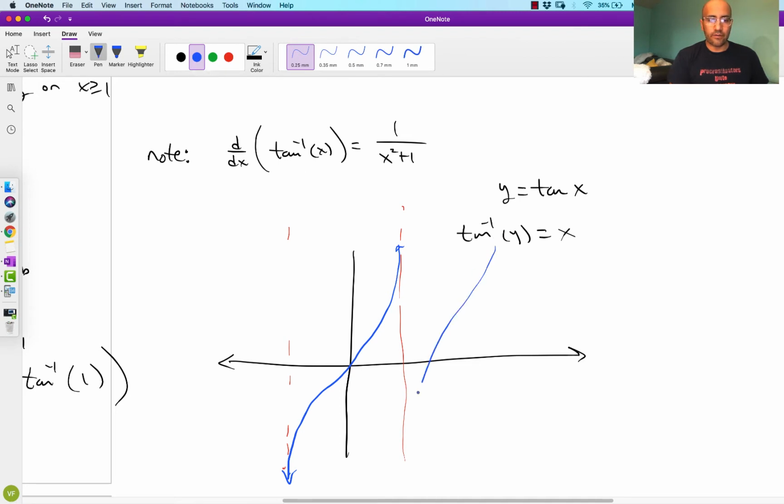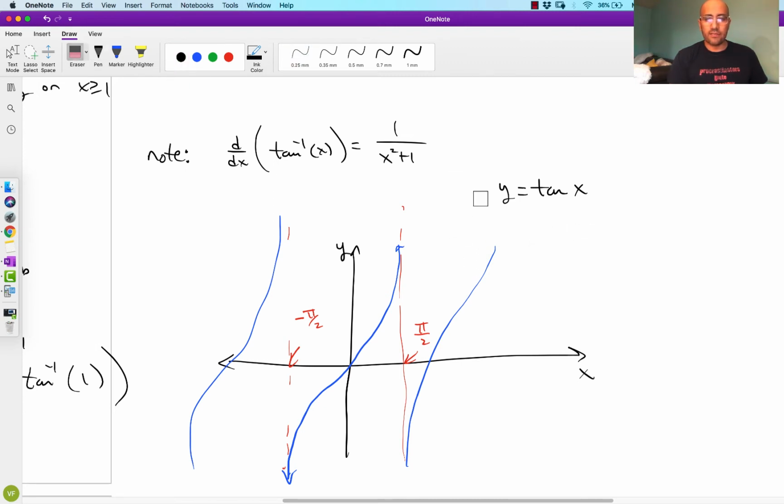These values there, this is at negative pi over 2, and this is at positive pi over 2. This is the y-axis, this is the x-axis, and this is the graph y equals tan x. That's this graph.